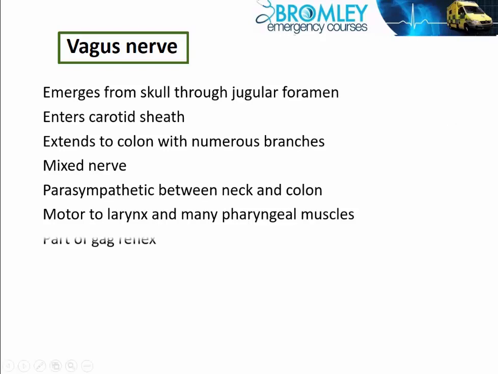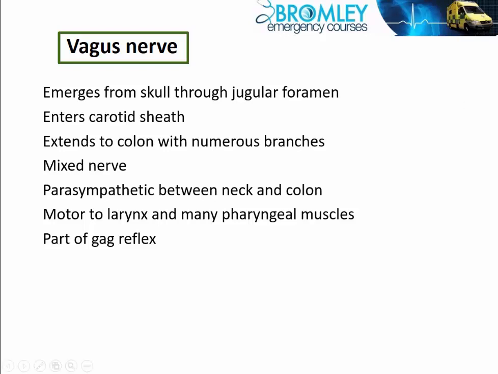And when we test the gag reflex, so if we touch the upper pharynx with a tongue depressor, for example, the glossopharyngeal will provide the afferent, the sensory pathway, and then the efferent pathway will come in the vagus, and so that will lift the palate, the soft palate, and also cause other movements of the pharynx as part of the gag reflex. Interestingly, it's a crossed system, so whichever side of the pharynx you stimulate, the whole thing should go into a gag reflex.